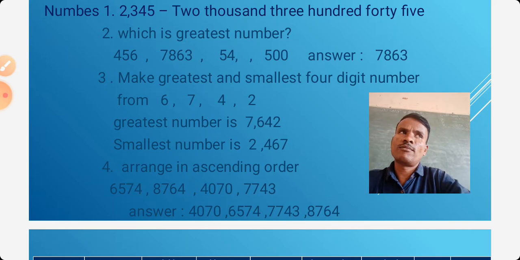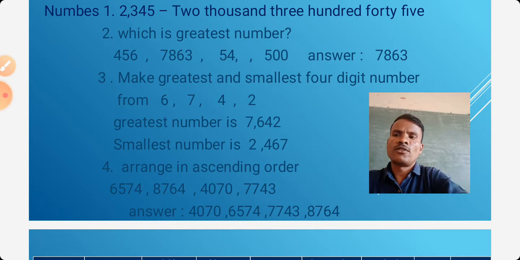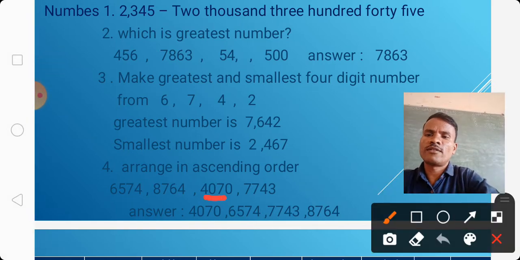From these, we arrange in ascending order. The first smallest number is 4070. Then the next bigger number is 6574. Then 7743. The last, the greatest number, is 8764. So the ascending order is 4070, 6574, 7743, 8764.